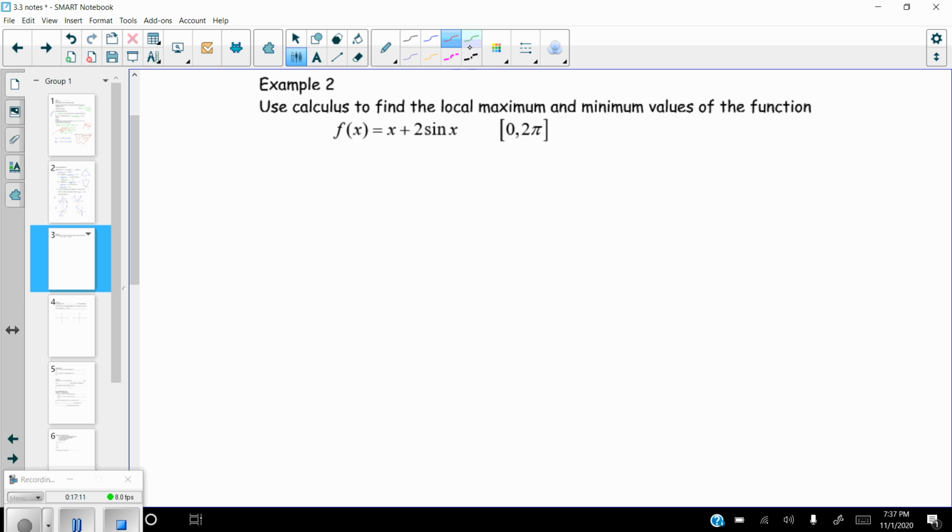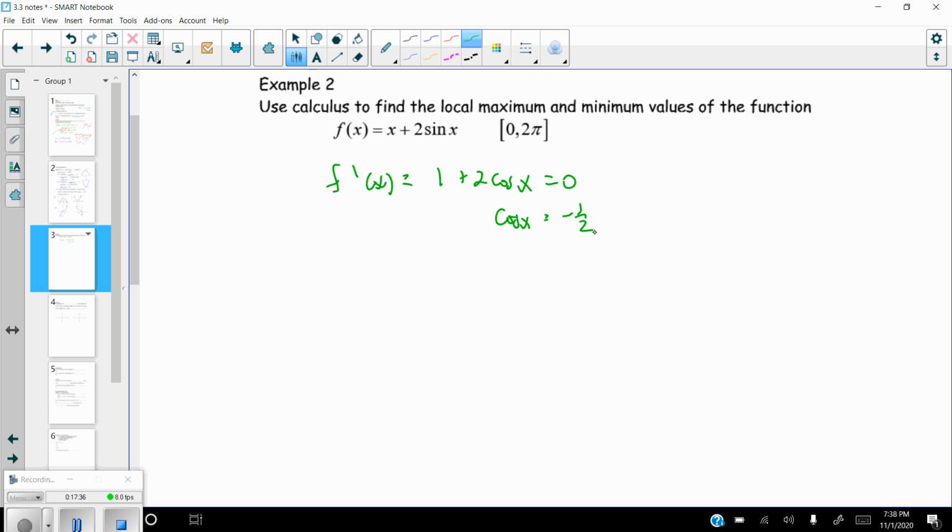All right, so let's take our derivative. So f prime: the derivative of x is 1, the derivative of 2 sine of x is 2 cosine of x. We want to find the critical values, so we'll set that equal to 0. Solving that for cosine of x first, we'll subtract 1 on both sides and then divide by 2, so we get that cosine of x is negative 1/2.